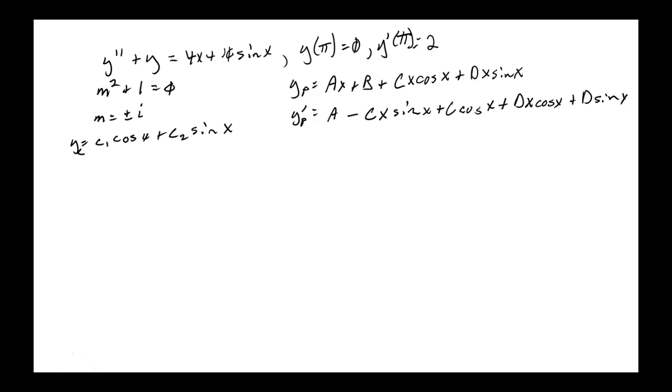Where do we go from there? Yep, y sub p double prime would be negative c x cosine x, I'll buy that one, minus c sine x, okay, minus c sine x again.